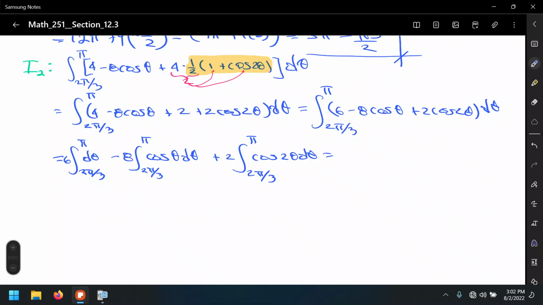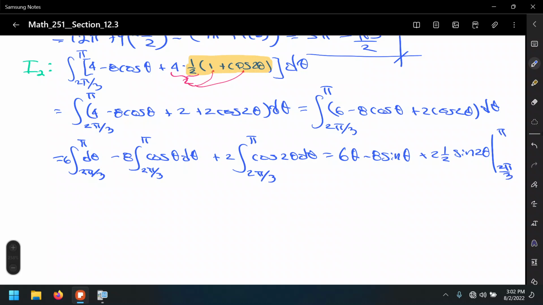Alright, so the integral of d theta is theta, that's 6 theta, minus 8 times the integral of cosine, which is sine, and then plus 2 times 1/2, because the 1/2 comes from integrating with u substitution, so that's going to be sine 2 theta, and then the whole thing from 2 pi over 3 to pi.